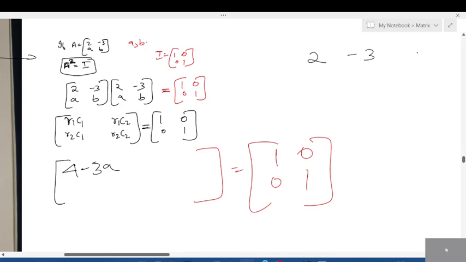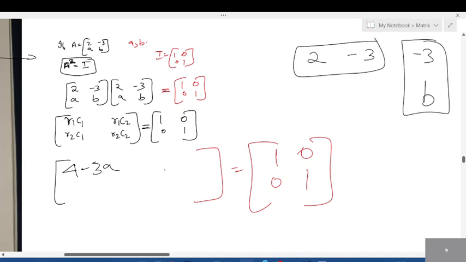What is column 2? Minus 3 and b. Isn't it like this? So which two do you have to multiply? 2 and b. What is 2 into minus 3? Is it plus 6 or minus 6? Tell me the next one.